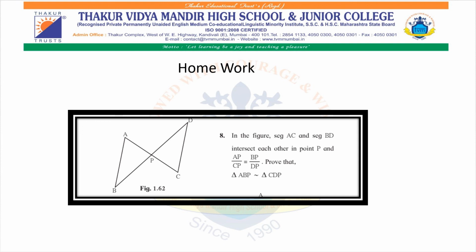So think which test will be used. You already have two sides in proportion, so either it will be the side test or the side angle side test. Now think whether the third side is given in proportion or we can prove it in proportion, or think whether the angle included by them can be proved congruent. Think on the sum, you will be able to solve this. So you are going to do this sum also as homework.